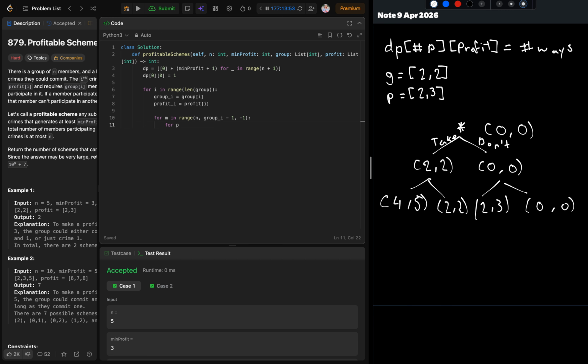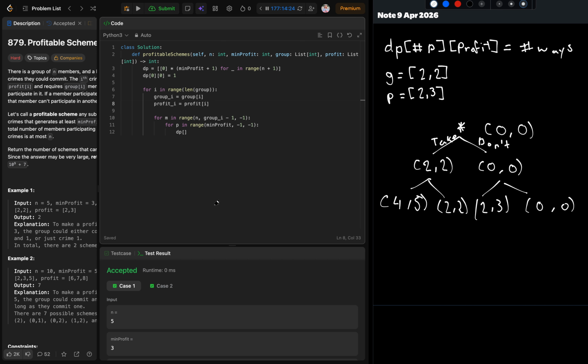For the amount of profit we can make in a range from our min profit to minus 1. Okay, the reason why we want to do this, it's because let's say the amount of men we're allowed is 5.